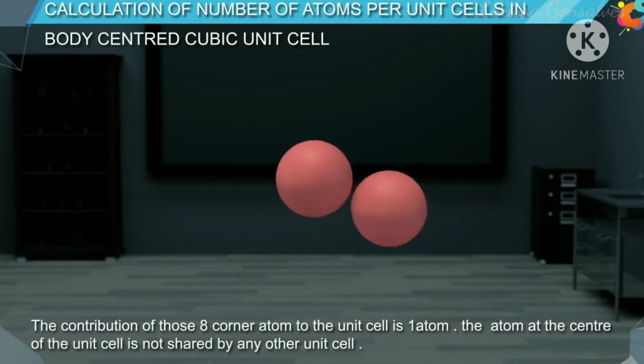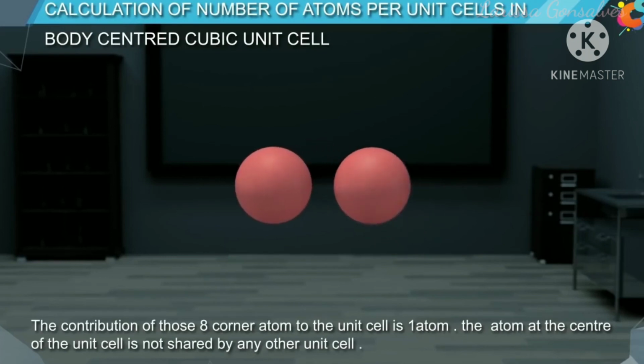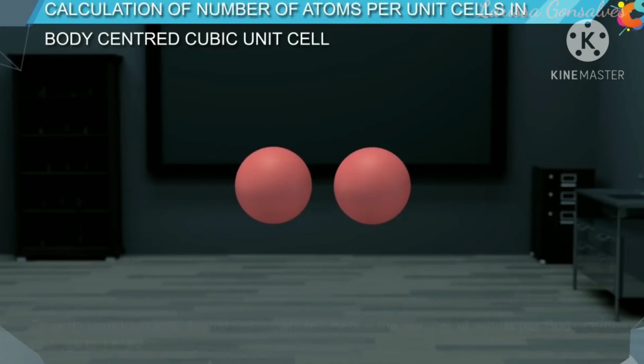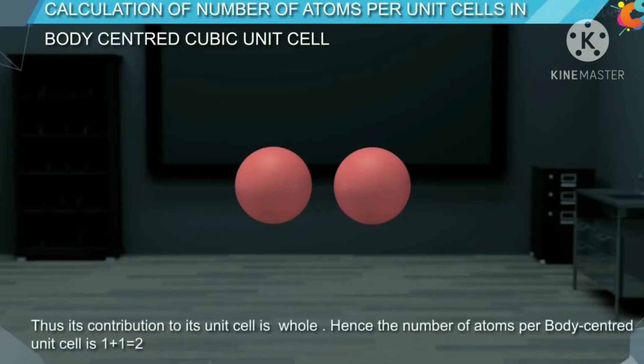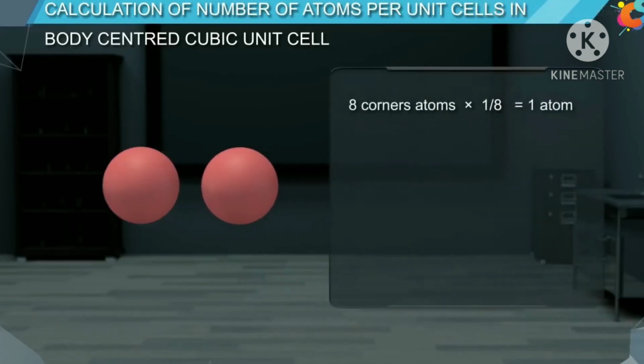The atom at the center of the unit cell is not shared by any other unit cell. Thus, its contribution to its unit cell is whole. Hence, the number of atoms per body-centered unit cell is 1 plus 1, which is equal to 2. 8 corner atoms × 1/8 is equal to 1 atom.